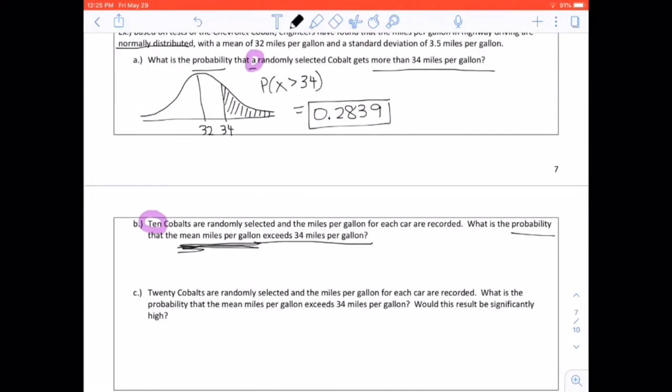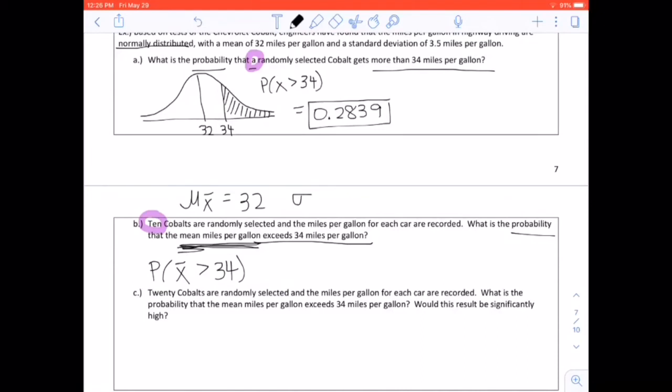So for this problem, same idea, but instead of the probability of X, we are sampling X bar, and that's going to be greater than 34. Since we're talking about X bar, the mean of X bar is still equal to the mean in the original problem, which is 32.